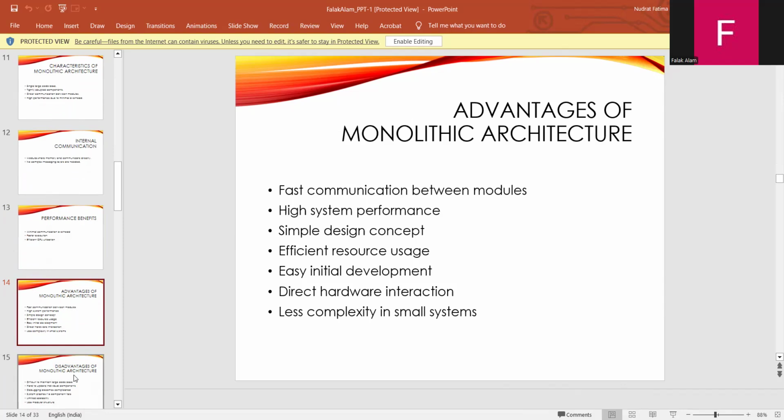The advantages of monolithic architecture include fast communication between modules, high system performance, simple design concept, efficient resource usage, easy initial development, direct hardware interaction, and less complexity in smaller systems.